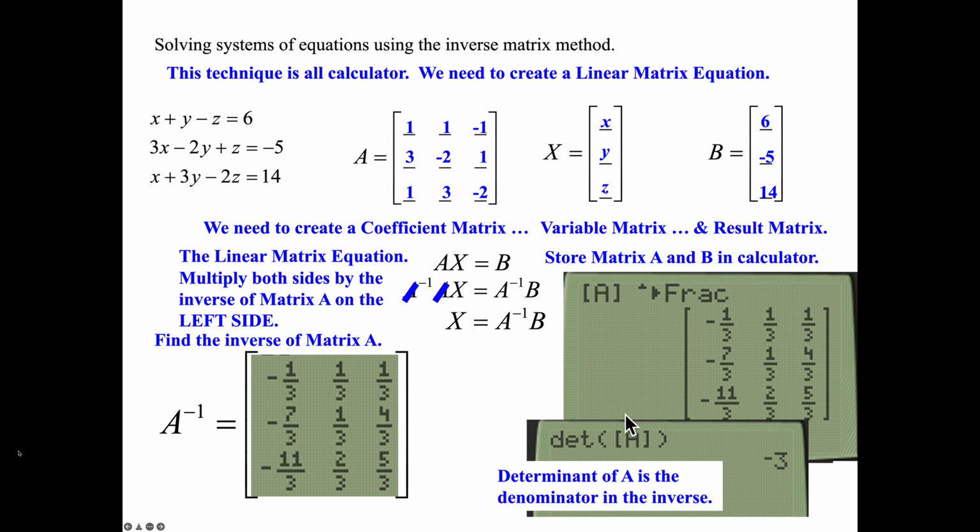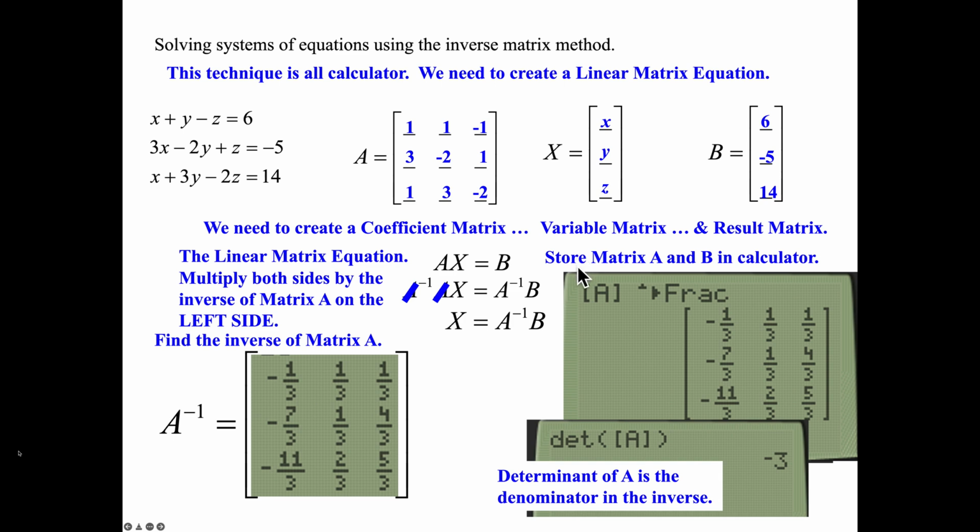Well, if your coefficient matrix is going to give you a 0 for the determinant, all 9 denominators are a 0, we won't have an inverse matrix. I think the calculator calls it a singular matrix. And if that happens, we can't solve the system.